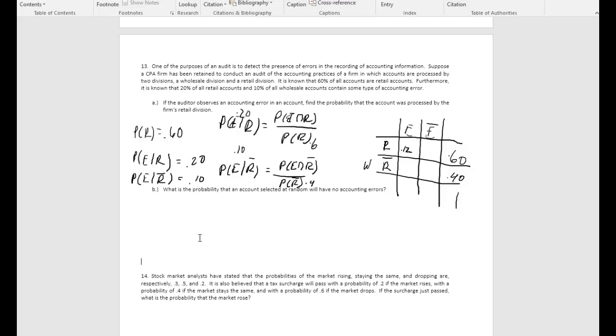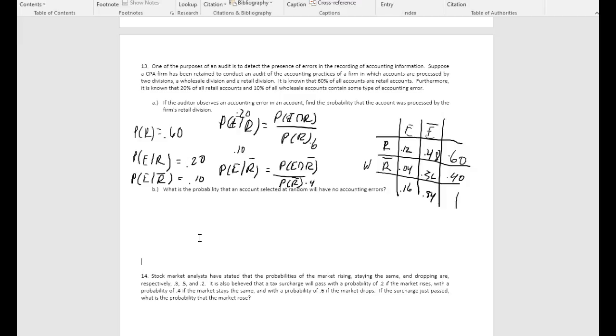On the bottom, it's 0.4 times 0.1, which is the intersection of E and not R, so it's 0.04. Then we can fill in the rest of the table. We add up these probabilities and we get 0.16. We subtract 0.16 from 1, we get 0.84. We subtract 0.04 from 0.4, we get 0.36. And 0.48 right here. So yeah, that's that.